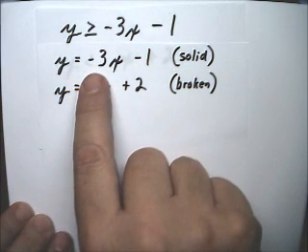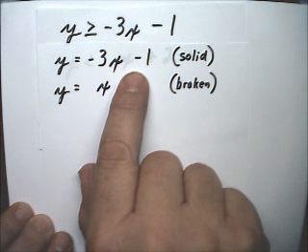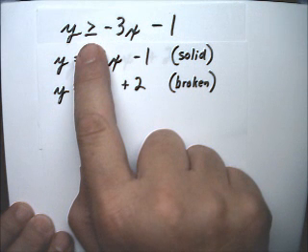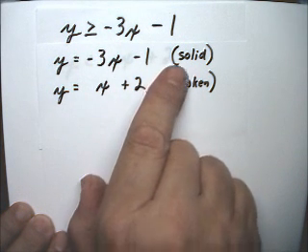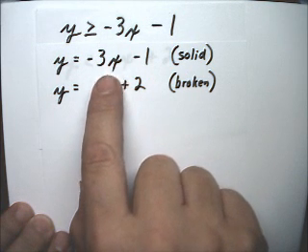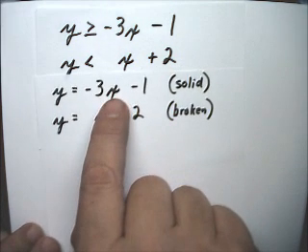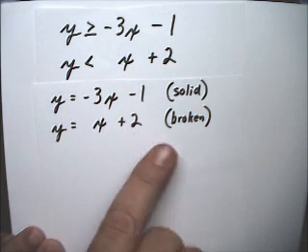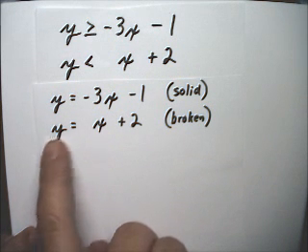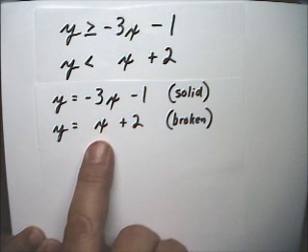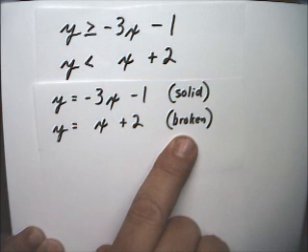It's y equals negative 3x minus 1, and because that's or equal to, that would be a solid line because this line is part of the solution. Now here, this has to be strictly less than, so this line is not part of the solution, so it's a broken line.